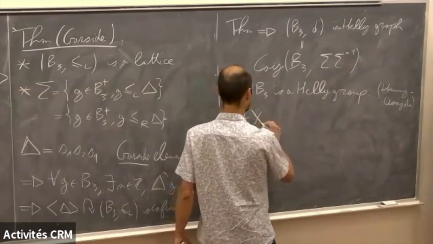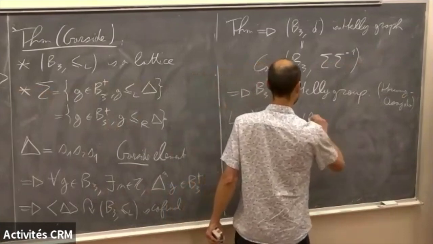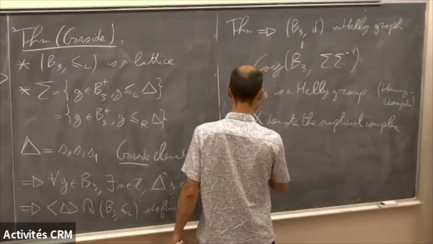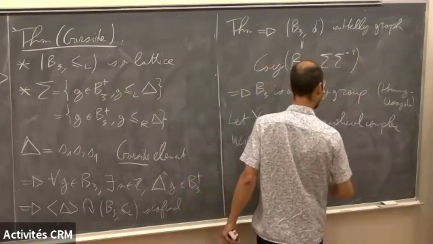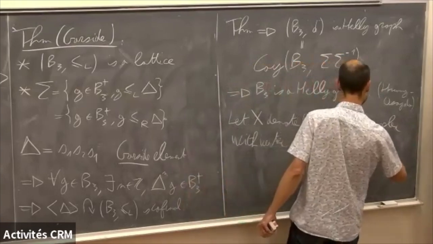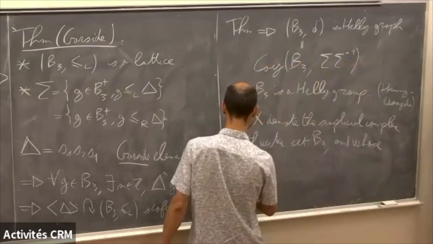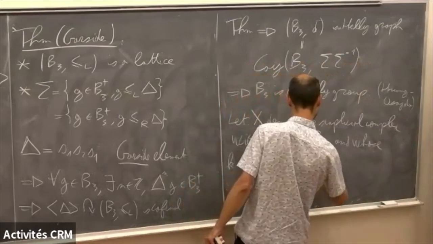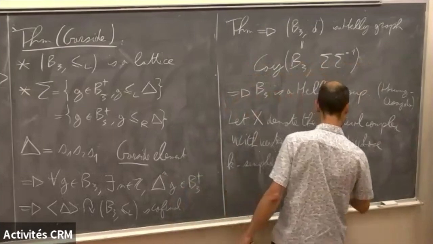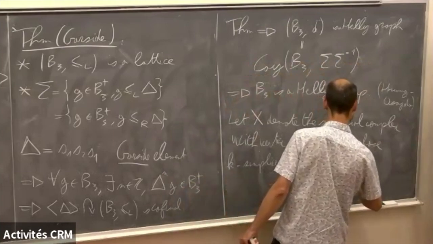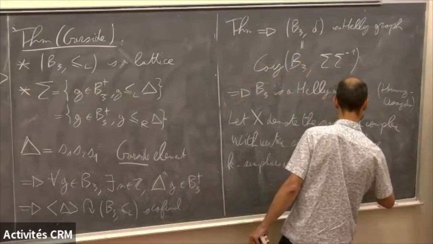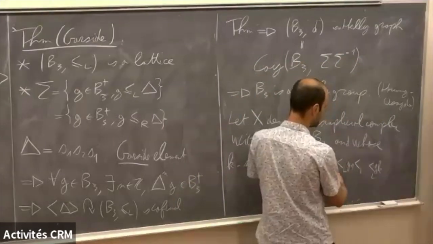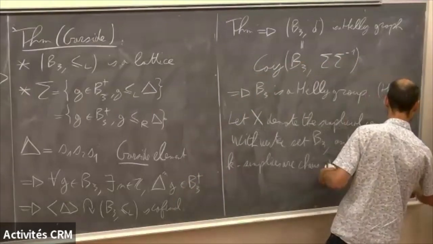So let X denote the simplicial complex with vertex set B3 and whose k-simplices are chains in this order, G0 left smaller than G1, left smaller than Gk, which are between G0 and G0 delta.